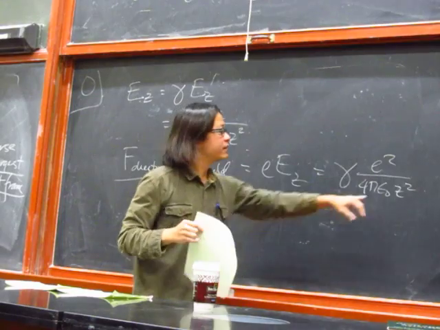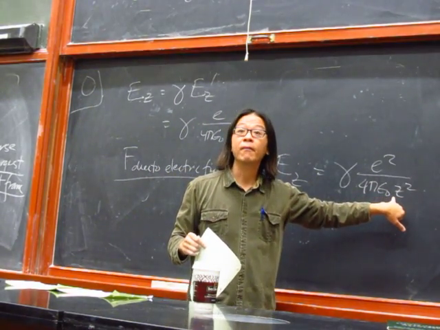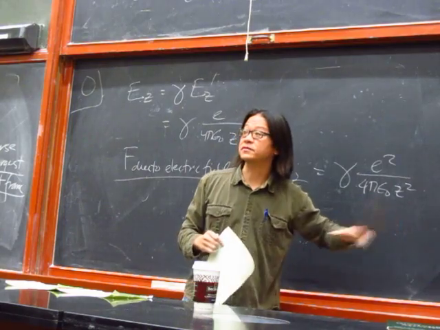I'm cavalier with the C and C prime because they're the same. This is in the transverse direction, right?